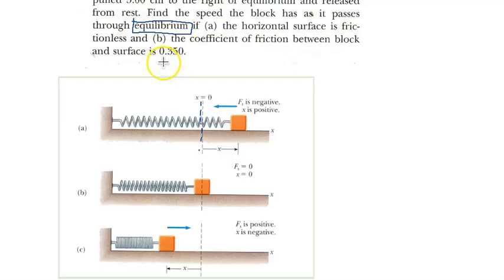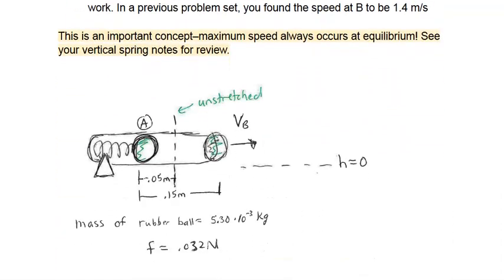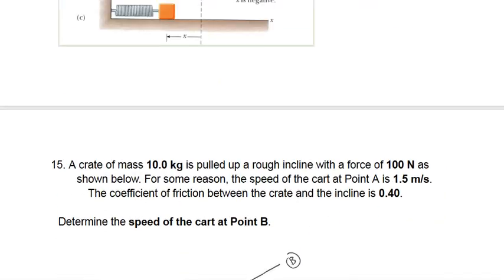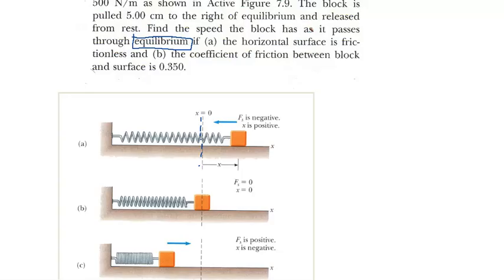So we're going to do this problem where we're going to look at equilibrium where there's a spring and friction. So I want to make this simpler. I'm going to pretend like this question says find the speed as it passes through unstretched, because that's what matches my answer key, and I want this to be a little bit easier.